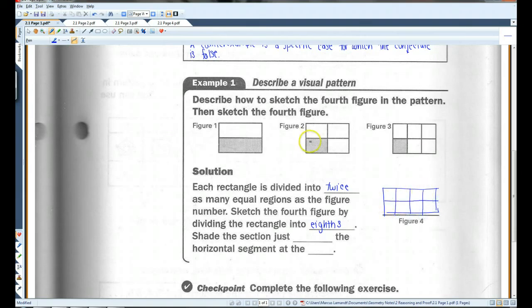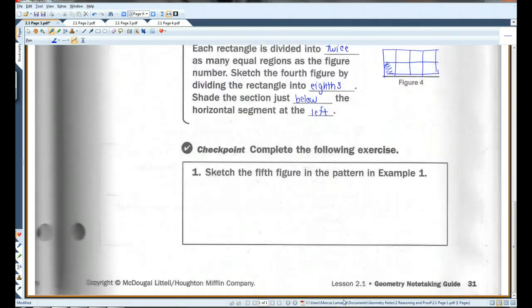Now also notice that in each of the figures, the lower left-hand square is shaded. So in this case, it would be this one. So I'm going to shade the section just below the horizontal segment at the left. Okay, checkpoint. I'll let you guys do this one. Let's go on to page 2.